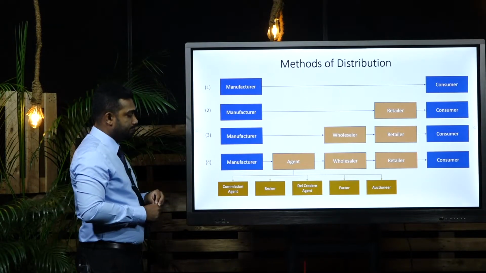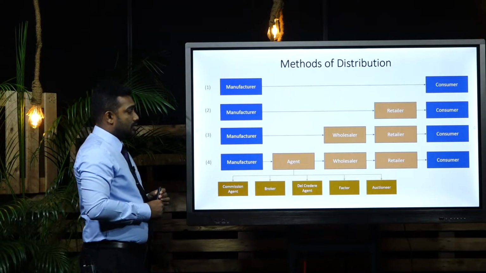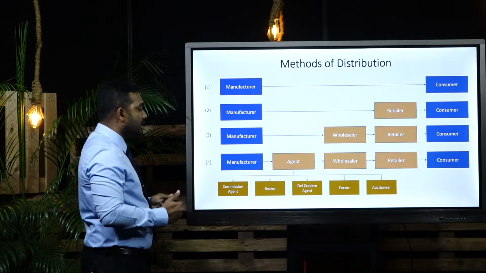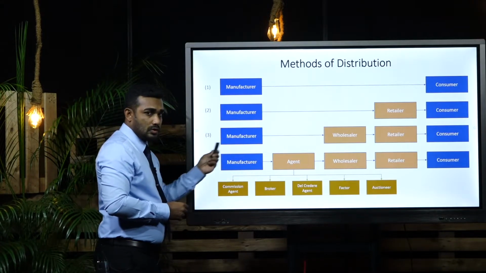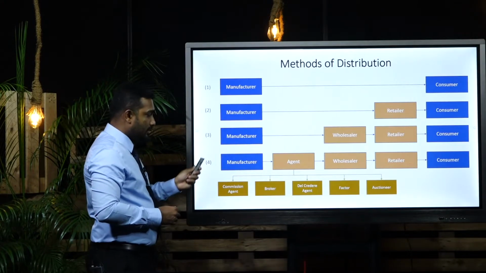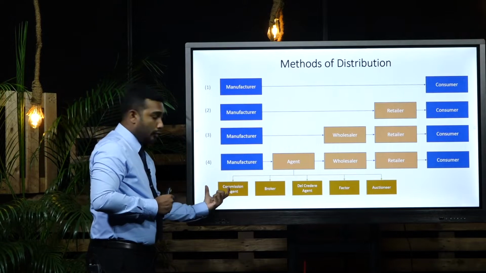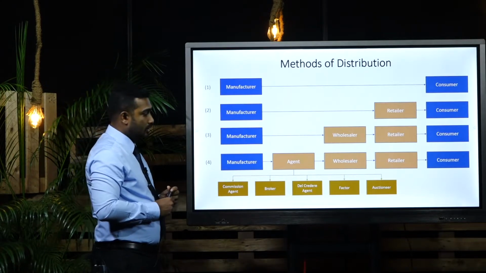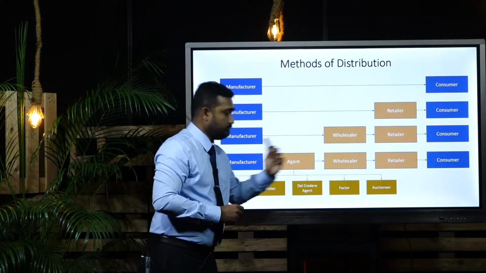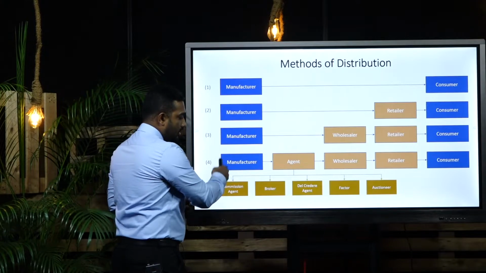This entity will sell the products on behalf of the producer, the manufacturer or the owner of the goods, to the immediate entity or person, on behalf of the owner.